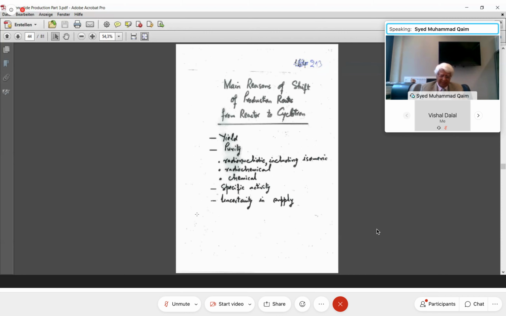Okay, sometimes there is a shift. You produce a radionuclide at a reactor, but you shift over to cyclotron. Why is this? What is the main reason of the shift? The main reason is the yield maybe. The product yield in the reactor may not be enough, so you want to go over to the cyclotron.